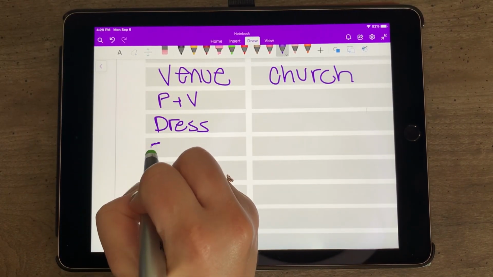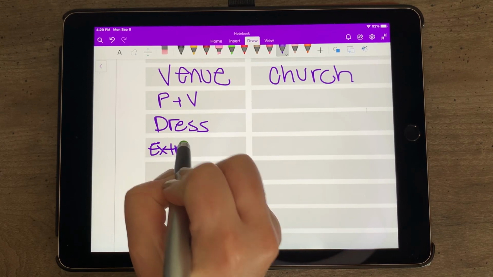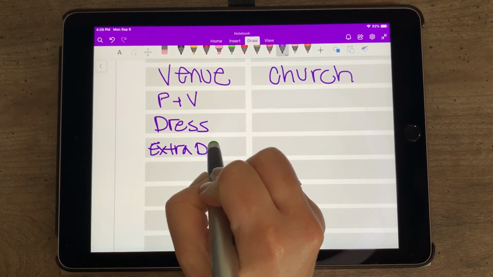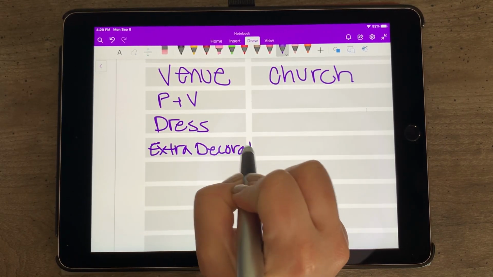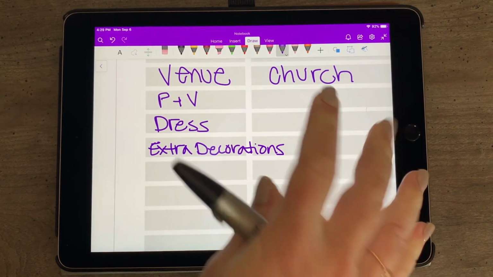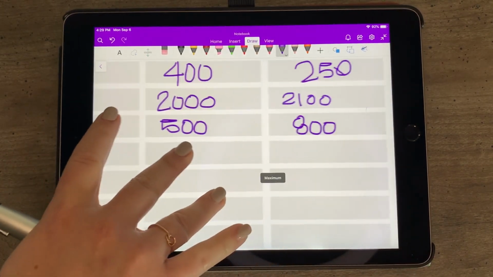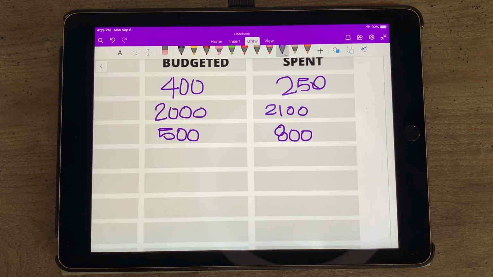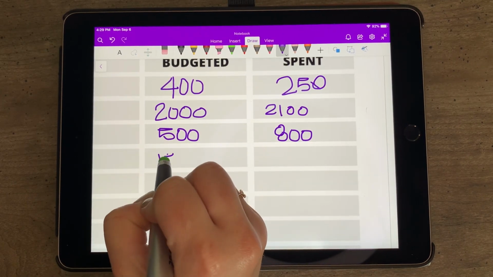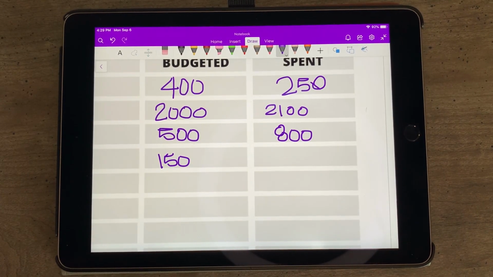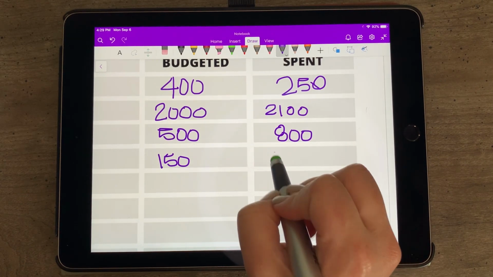Next, I'm going to put extra decorations. Extra decorations were things for the reception, extra decor for the aisle, things like that. For this, I budgeted $150, and I actually spent about $100.